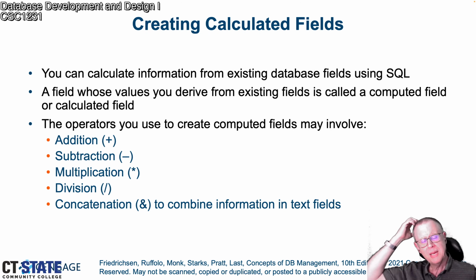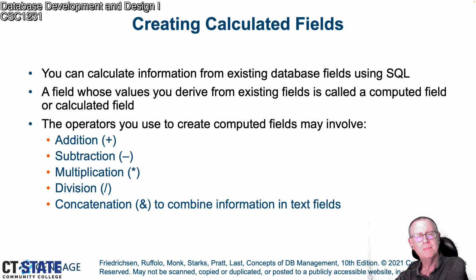I think we talked about before that sometimes you don't want the exact data in the table. You want some calculated version of it. And here are some of the things that you can do to create a computed field. You can add, subtract, multiply, divide, or concatenate.